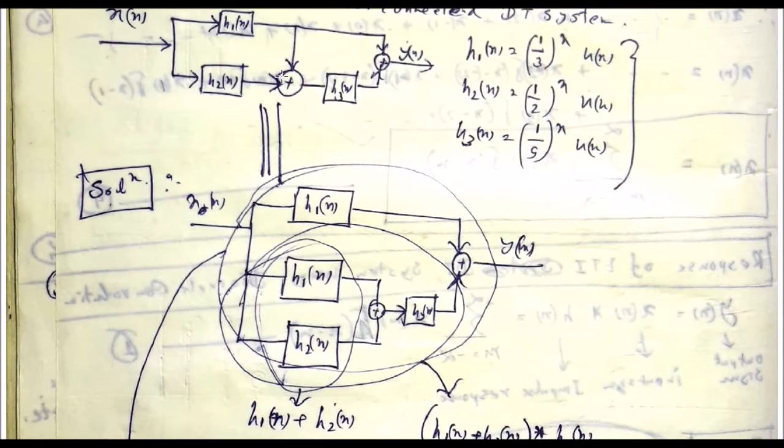So this particular interconnection can be simplified this way. Here this particular region is clarified. The overall input is given to both h1[n] as well as h2[n]. After that, both of them are added via a summing adder here, and the output of the summing adder is given to h3[n], and the output of h3[n] is given to one input of the final summing adder.